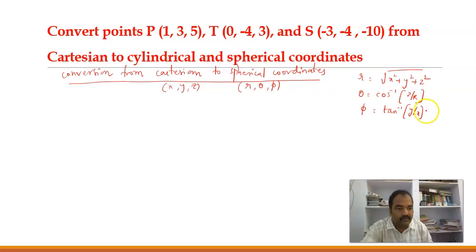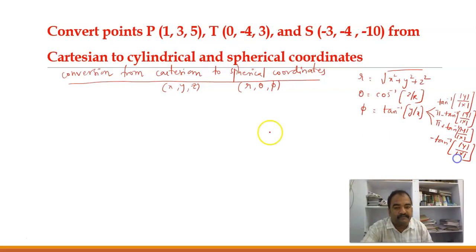If both are positive, we will directly take tan inverse of mod y by mod x. If it is second quadrant, pi minus tan inverse of mod y by mod x. If it is third quadrant, it is pi plus tan inverse of mod y by mod x, and if it is fourth quadrant, we will take minus tan inverse of mod y by mod x.